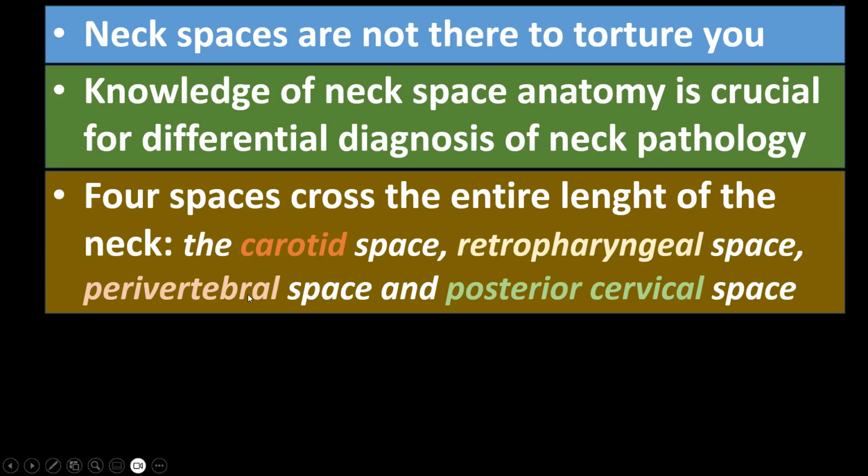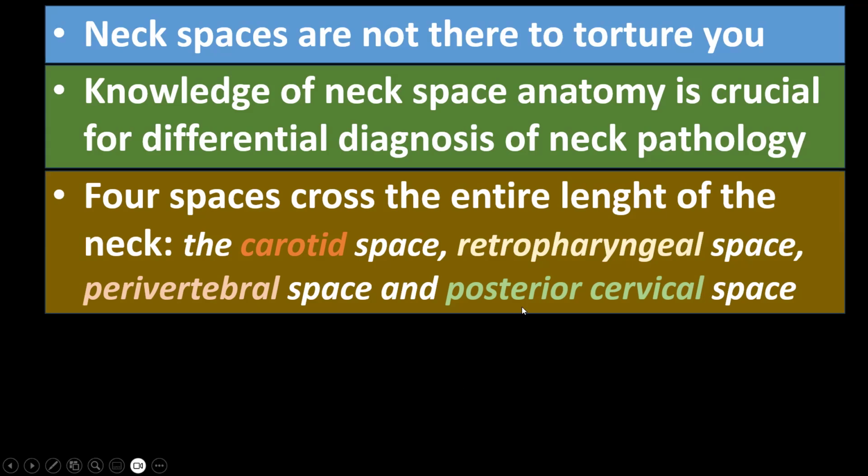And the perivertebral space, the main sources of pathology are tumors or infections, but that is basically true for every neck space. When it comes to infections, I'm talking about spondylodiscitis. When it comes to tumors, you can have bony metastases or schwannomas. And the posterior cervical space, which contains mainly fat and lymph nodes.